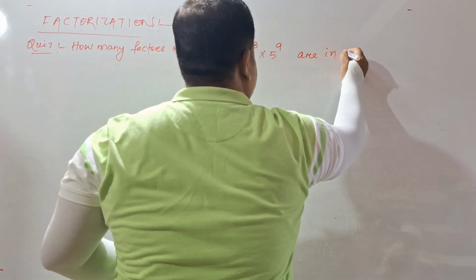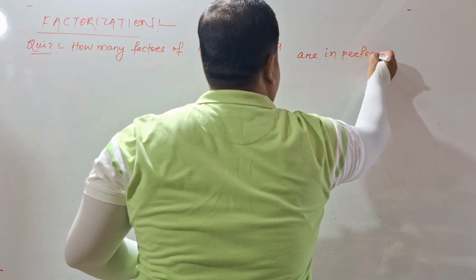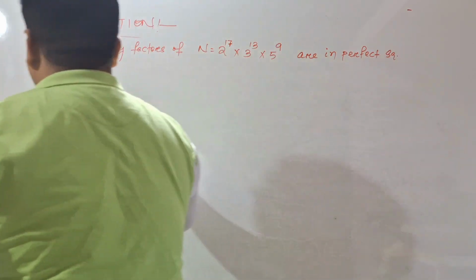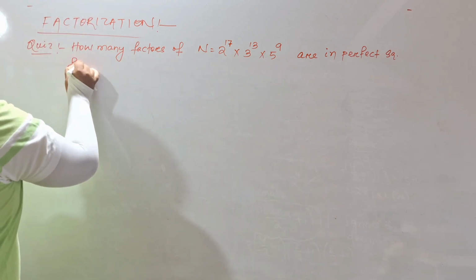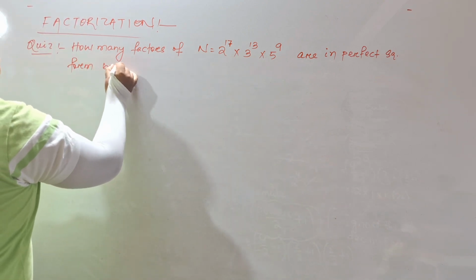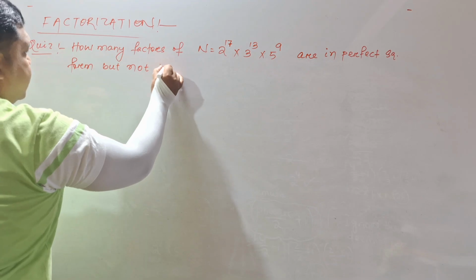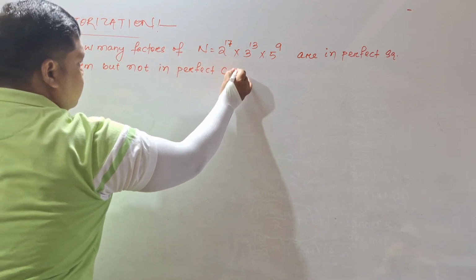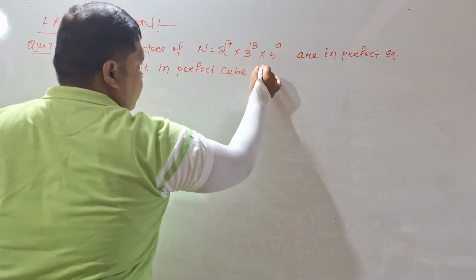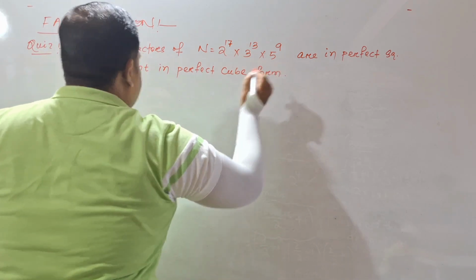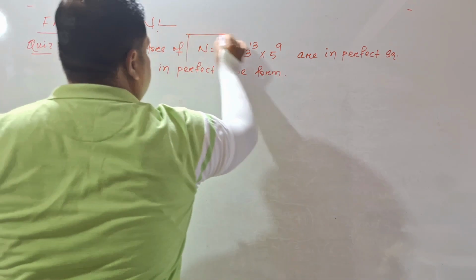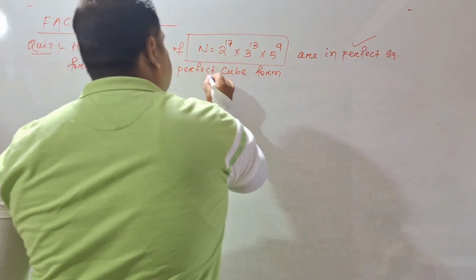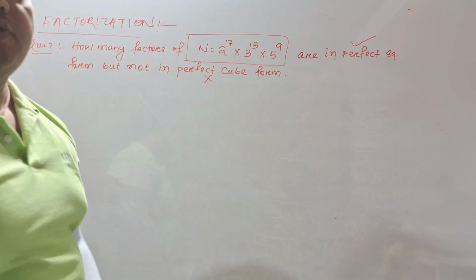in perfect square form but not in perfect cube form. How many factors of this n are in perfect square form but not in perfect cube form, that we are going to find.